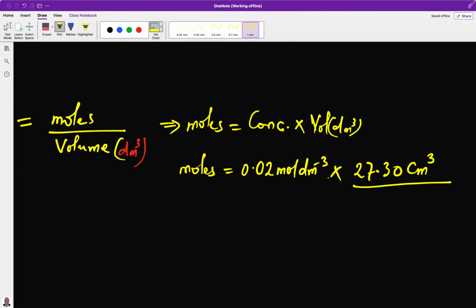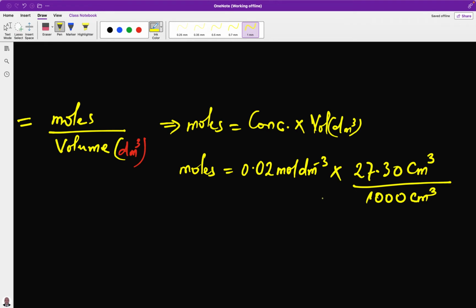So we are dividing by 1,000 cm cube per dm cube, and the units will cancel out.